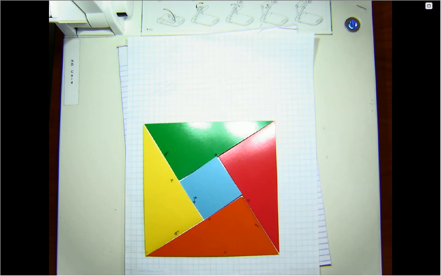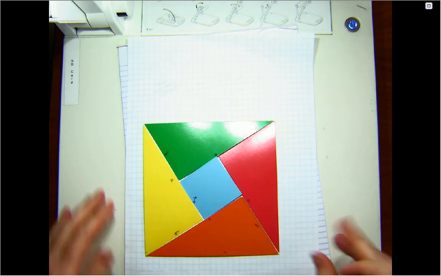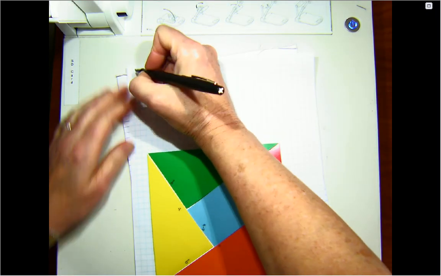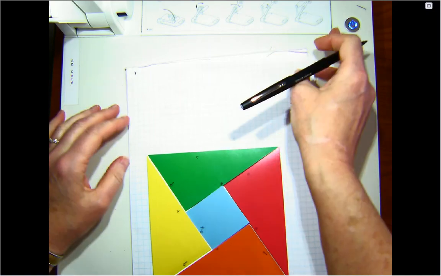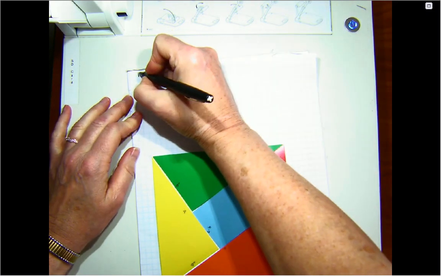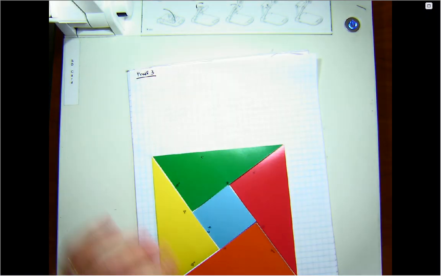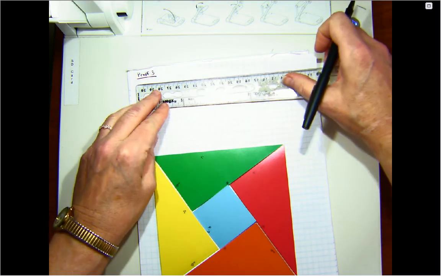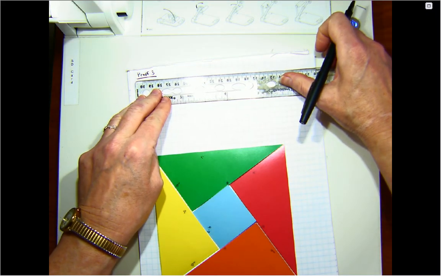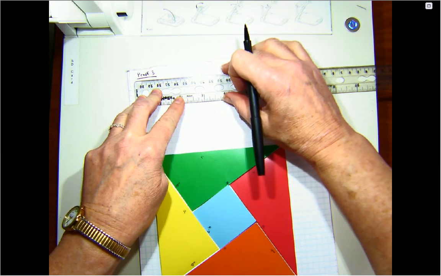Well, let's go ahead and draw that, because proof 3 begins with this drawing that we've already looked at once before. When we sketched it last time on graph paper, we made it 8 by 8, and I think that worked fairly nicely. So let's do that again. Use your straight edge and draw an 8 by 8 square.